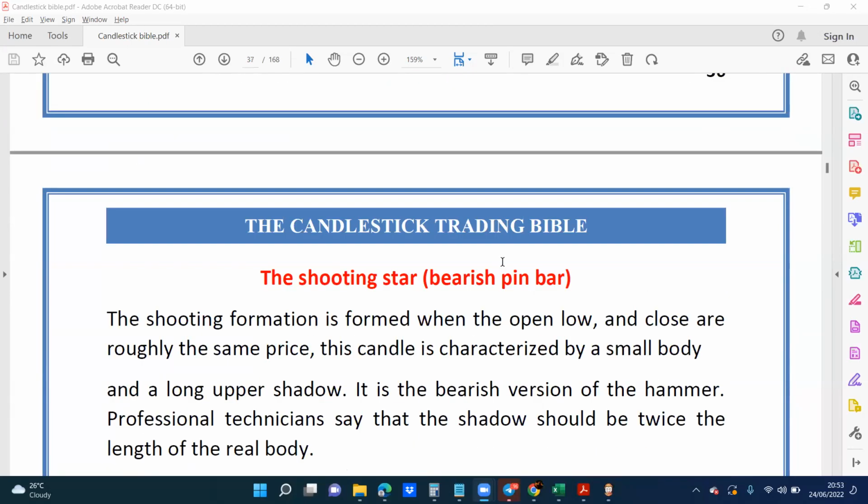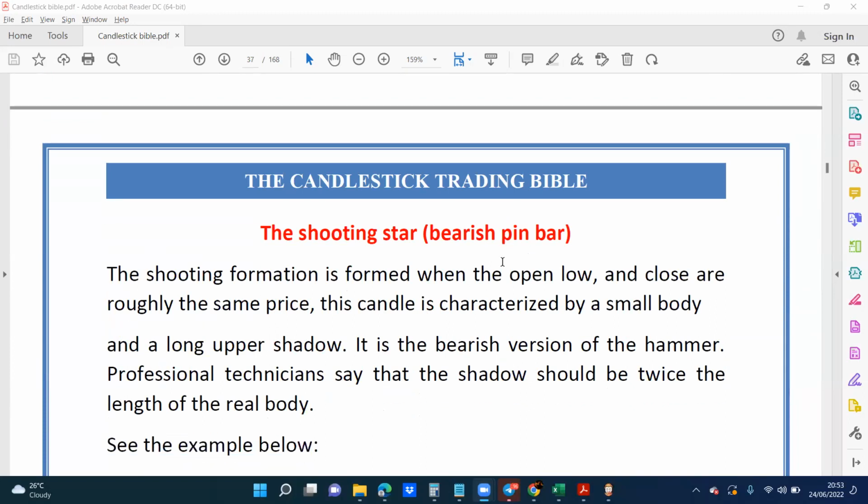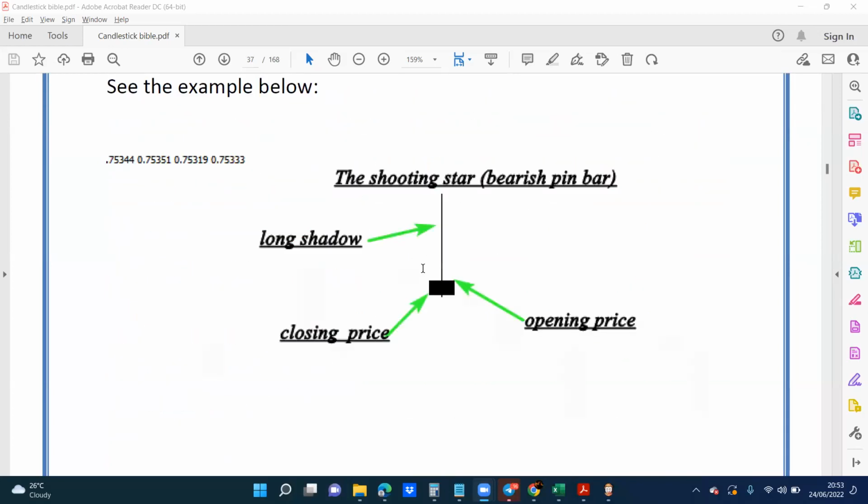Of course, just like we have a bullish pin bar, we have a bearish pin bar. The nickname is shooting star, just like the nickname for the other one is hammer. But they are basically just bearish pin bar and bullish pin bar. It's a sign of sellers. It means buyers were in the market at some point in time.